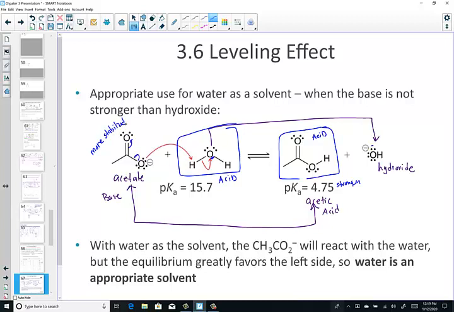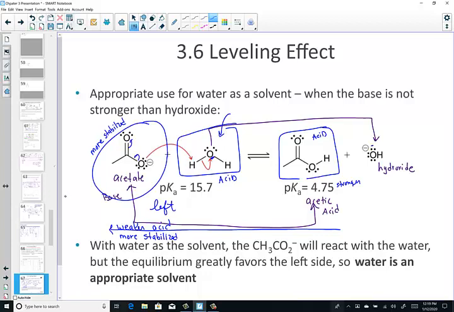And clearly we see that the equilibrium lies on the weaker acid side. The equilibrium lies on the more stabilized base side, and that's the left side of this equation. So the left is being favored. What that means is that when I put water into this solution, I am not destroying the acetate.